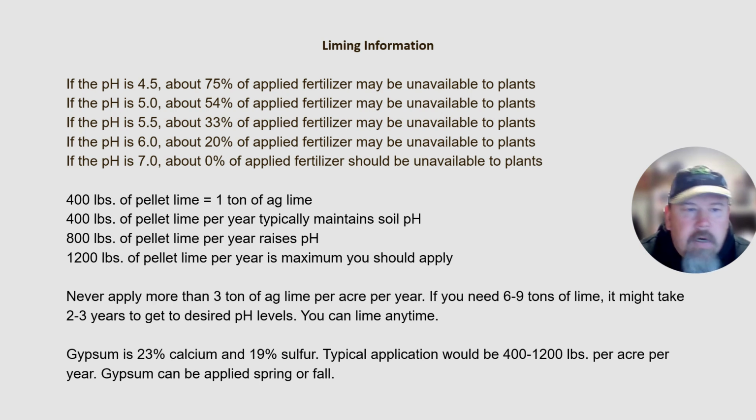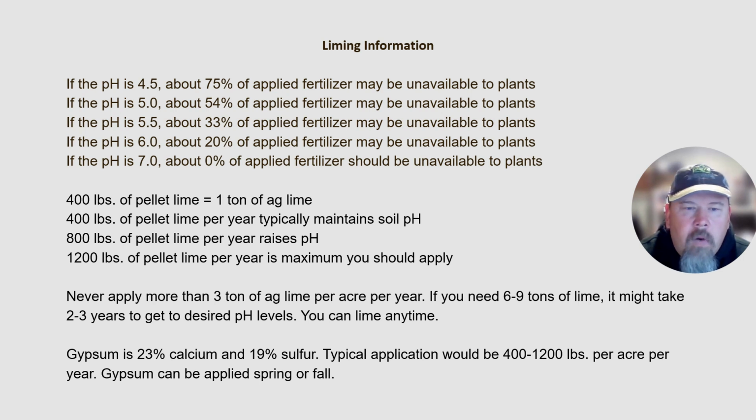So if you're down in the 5.0 area, almost 50%, or actually more than 50%, will likely be unavailable to that plant.